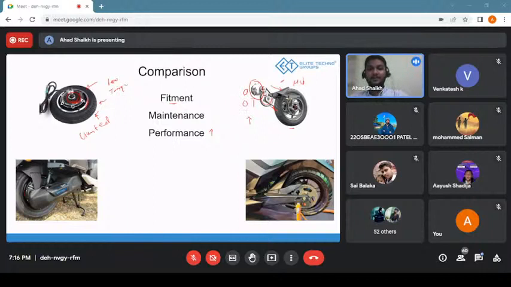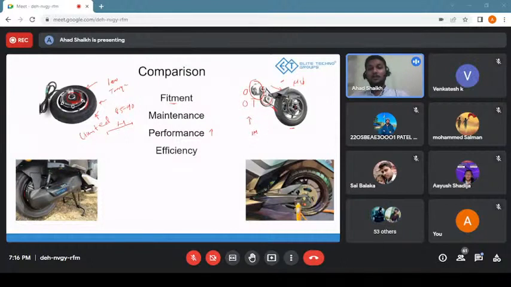Okay. Another parameter we can look at is efficiency. We already talked a lot about efficiency. The maximum efficiency BLDC hub motors can reach is 85 to 90%, and that also only in a certain specific region, not the entire operating range. But in terms of mid-drive motors, there are various types of motors available. Induction motors can be used.